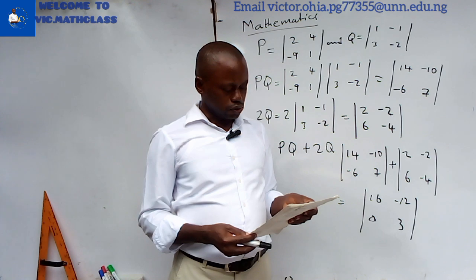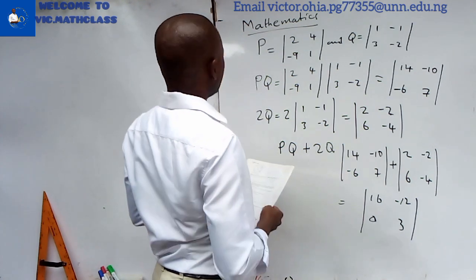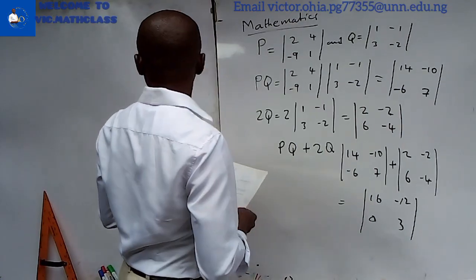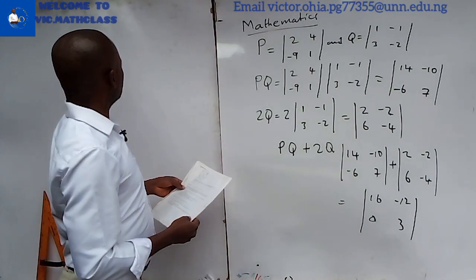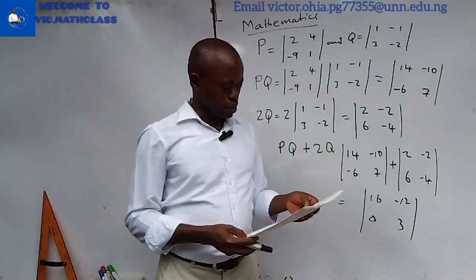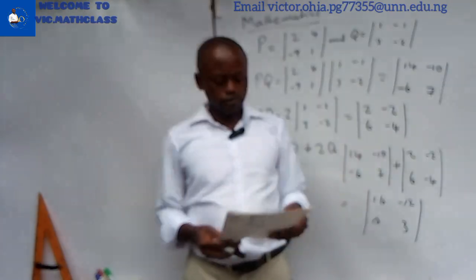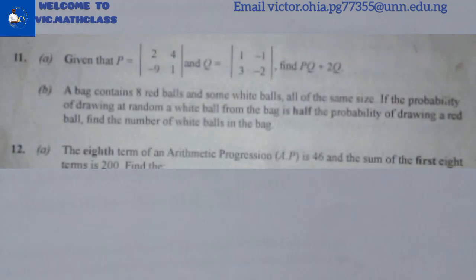And this question 11b, we're also going to look at it. The question 11b says a bag contains 8 red balls and some white balls, all of the same size.